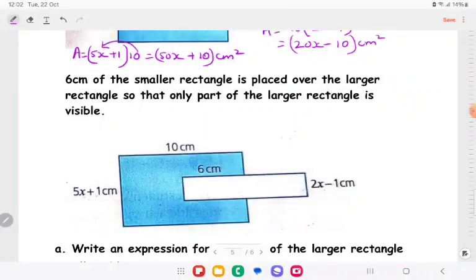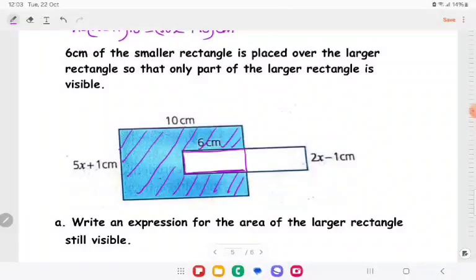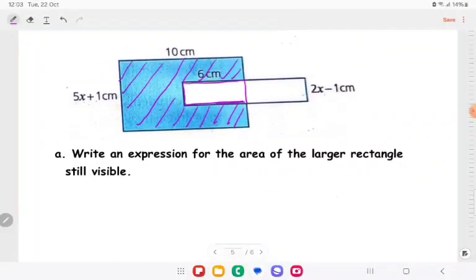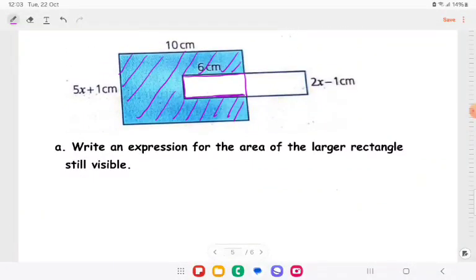So 6 centimeters has overlapped this part. Okay, so now what does the sum say? They want the area of this visible part of the larger rectangle. All right, so let's find this out. We have to write an expression for the same.